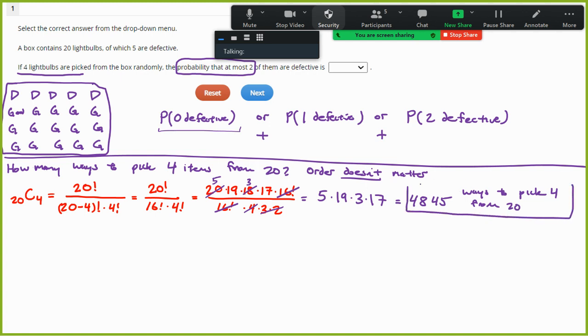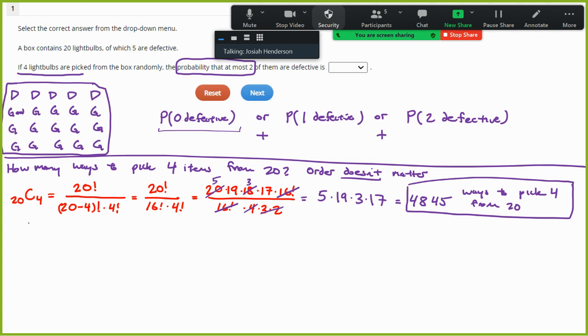Okay, so we're going to use that. Now, picking 0 defective. Okay, so first we have to look at these 3 cases: picking 0 defectives, 1 defective, or 2 defectives.